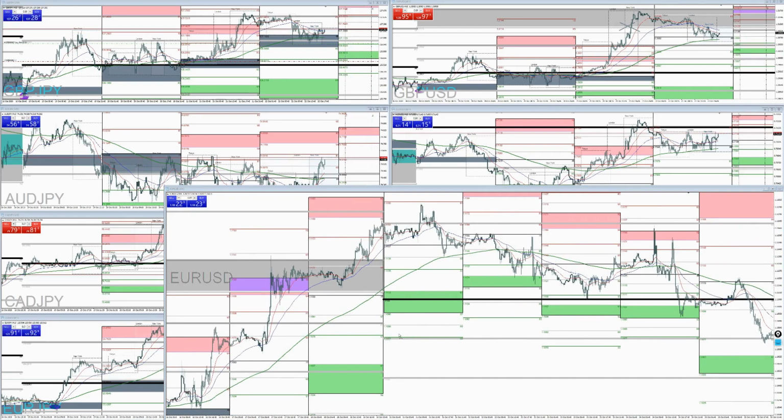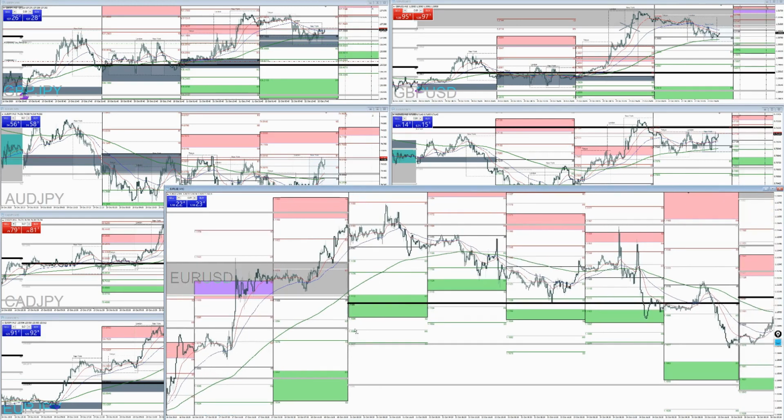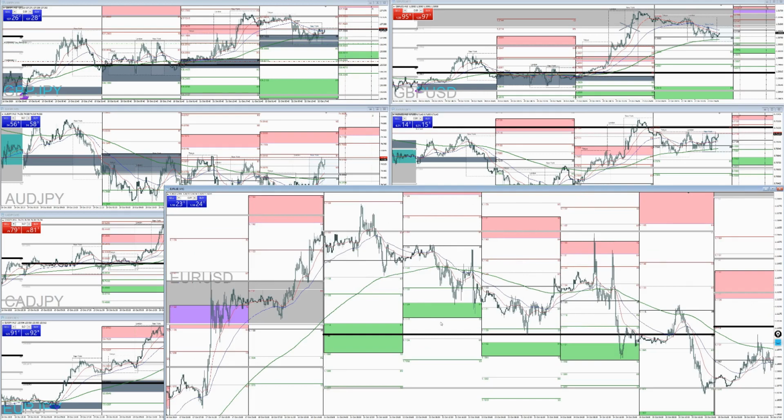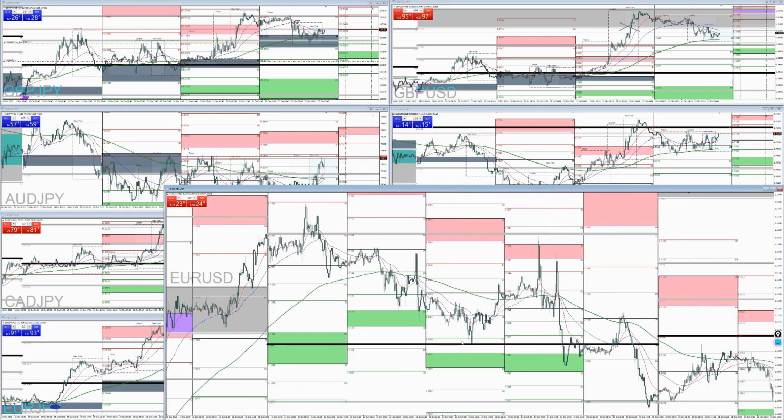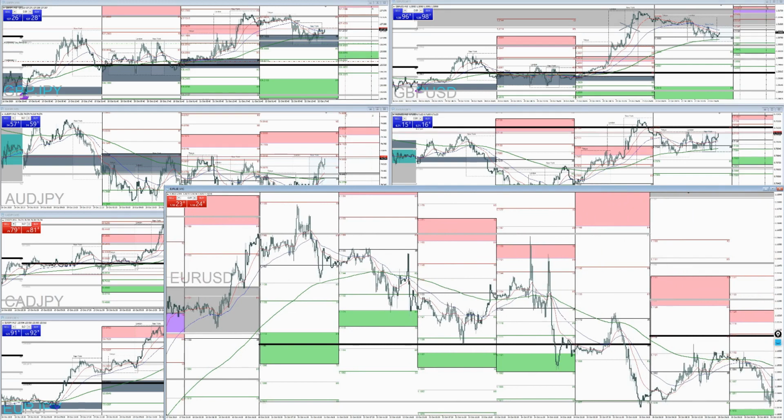Okay, here we go, heading into the next week. I don't have any trade setups on Monday, nothing on Tuesday, but on Wednesday we hit the central pivot. So I'll go ahead and mark that as a trading setup here.